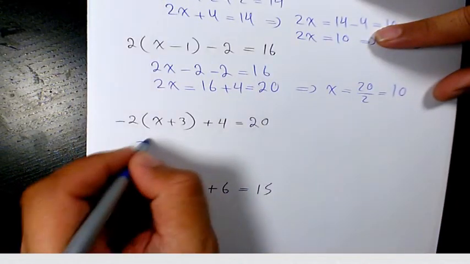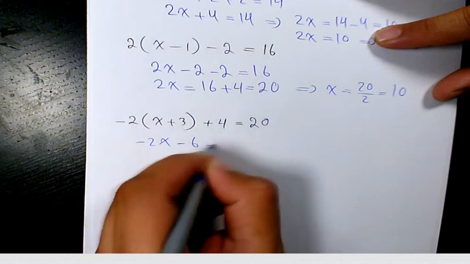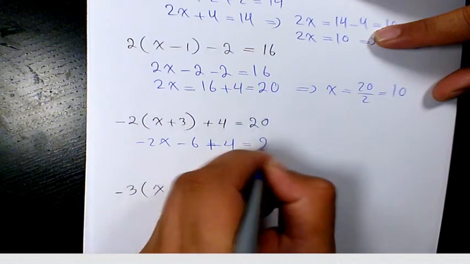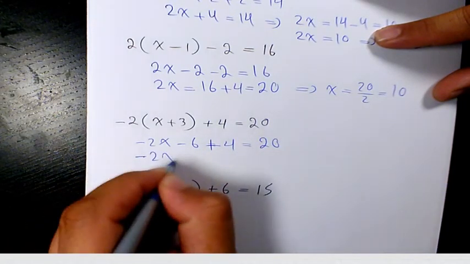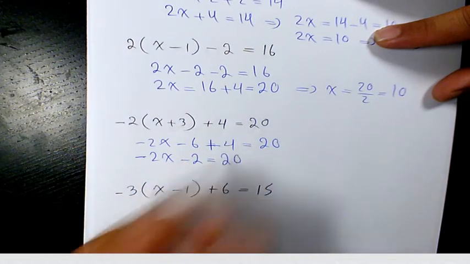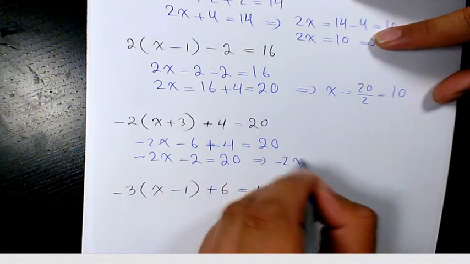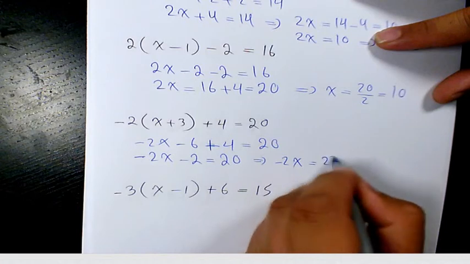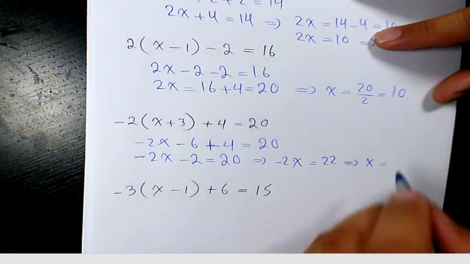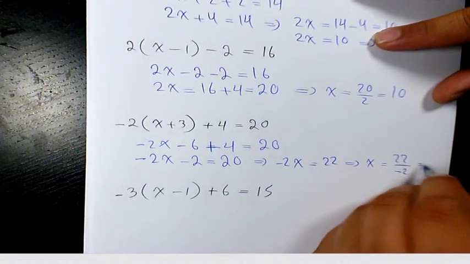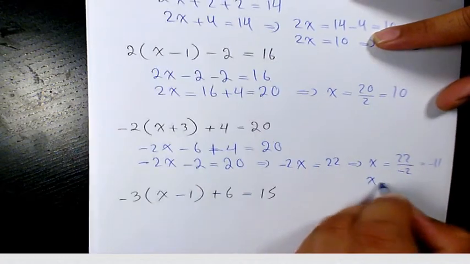Next one, negative 2 times x plus 3, negative 2 times 3 is going to be negative 6, plus 4 is going to be 20. So negative 2x minus 2 equals 20. So negative 2x equals 22. So x will be 22 divided by negative 2 is negative 11. x will be negative 11.